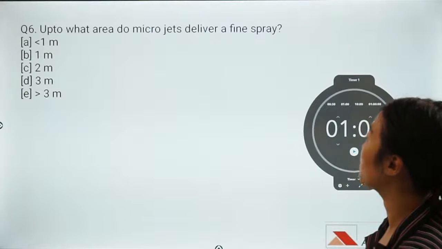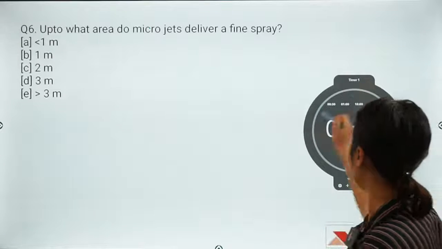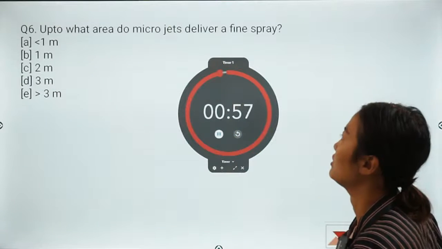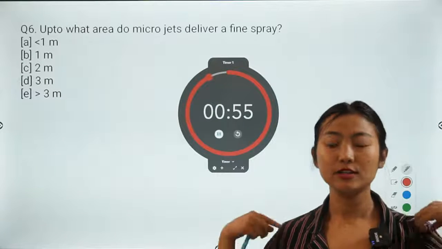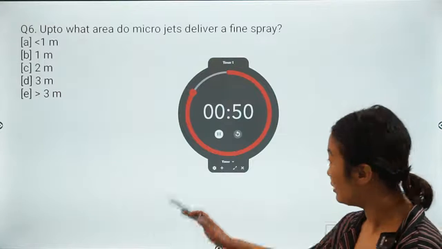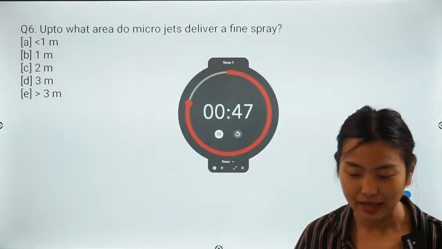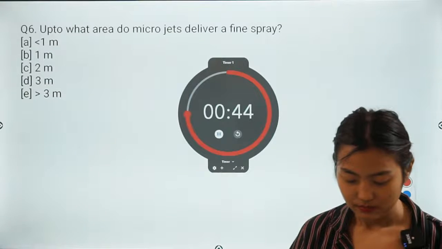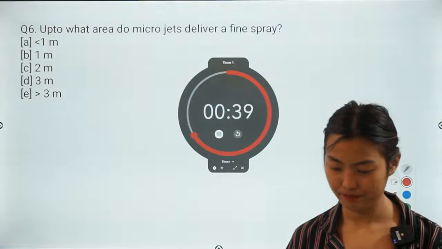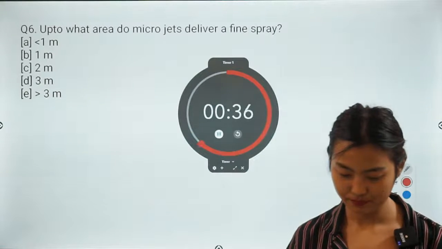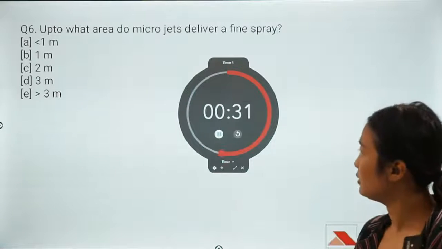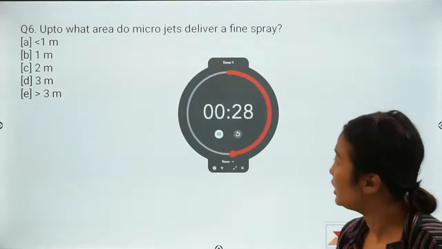Up to what area do microjets deliver a fine spray? The timer starts now. Let me roughly tell you what microjets are. Microjets are also a part of the micro irrigation system. Let me wait for you all to answer this if you have some idea about it. Nilesh is saying A. We have B, which is 1 meter.